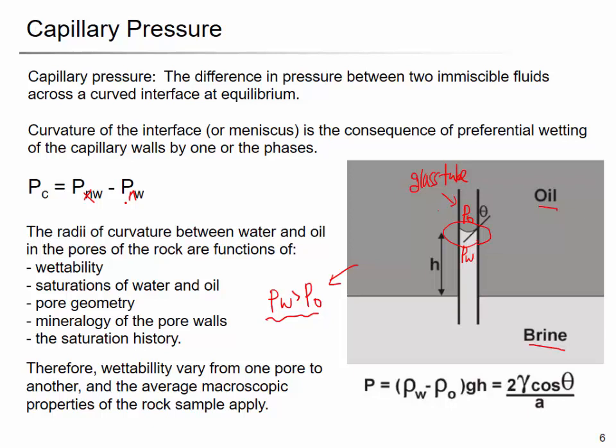And the capillary pressure here is defined as 2 times gamma times cosine theta over A, where A is the diameter, and theta is called the contact angle. We'll talk about it soon. And gamma is the interfacial tension between oil and brine.